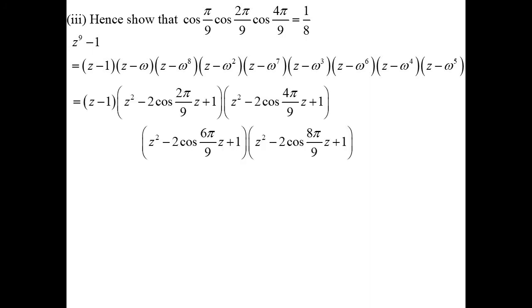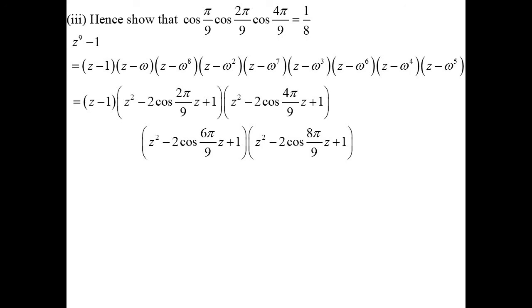Now the first one we know is cis 2 pi on 9. So when I expand those two factors out, I will get twice the real part. So cos, and this is where you've got to be careful. It's now cos, not cis. So it's 2 cos 2 pi on 9 z plus 1.